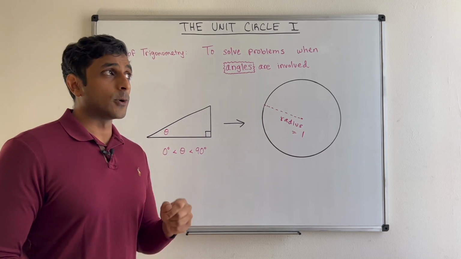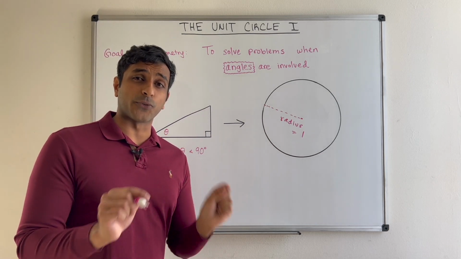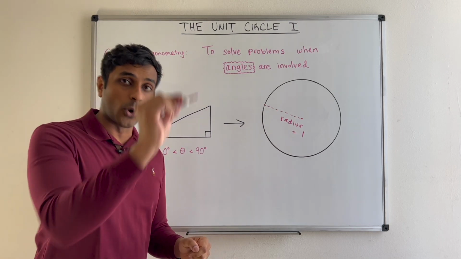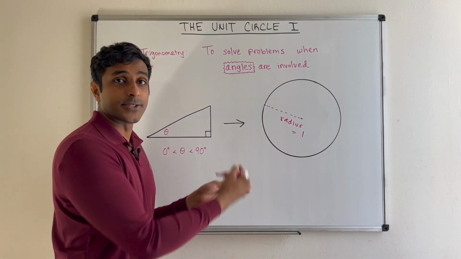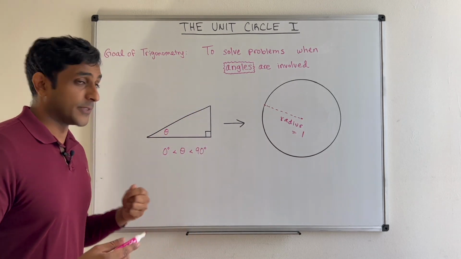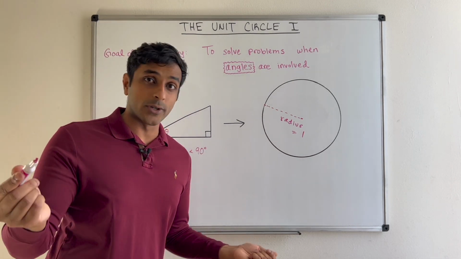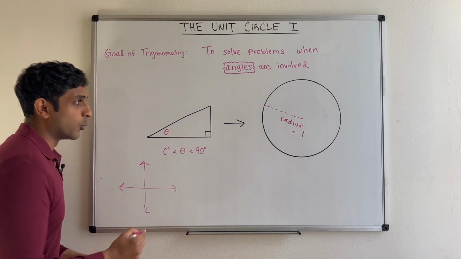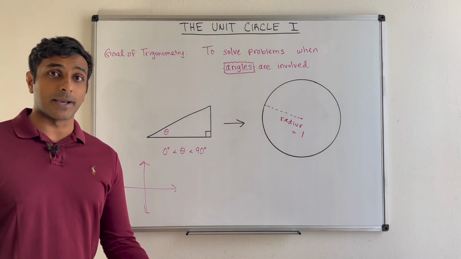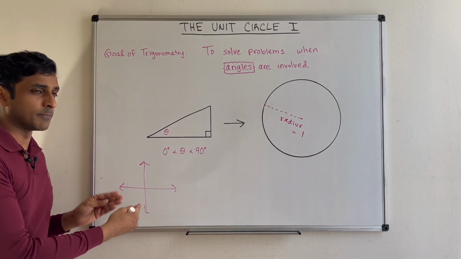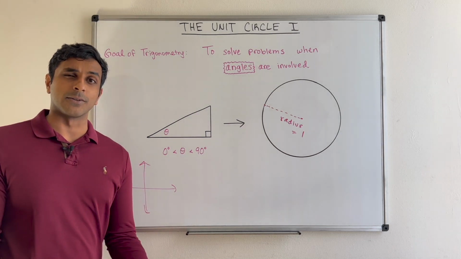So everything that we do going forward is going to be based on this circle, the unit circle of radius 1. Now, the other thing is we're going to want to refer to actual points on the circle, and in order to do that, we're going to need a coordinate system where we can give the circle an equation and then talk about actual points on the circle. The good news is we can also choose how to draw our coordinate system. Drawing the coordinate system over here, for example, when discussing that circle is probably not the best idea, because the equation of that circle based on this coordinate system is more complicated than it needs to be, right?